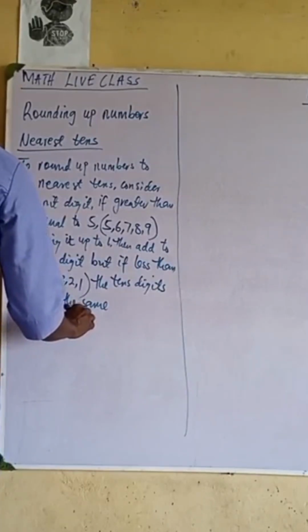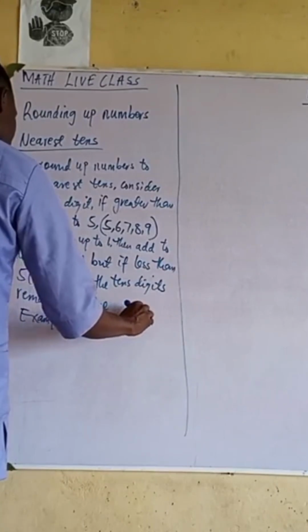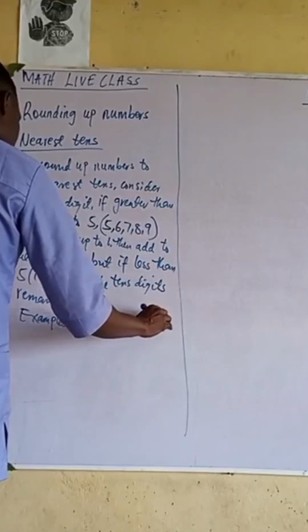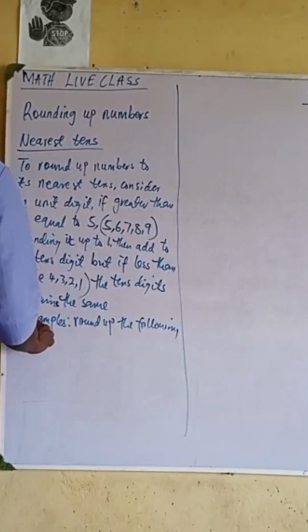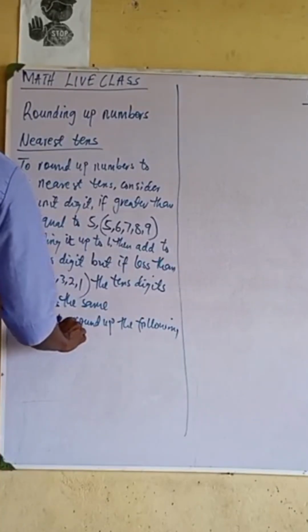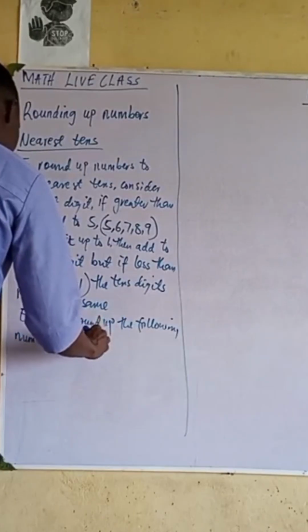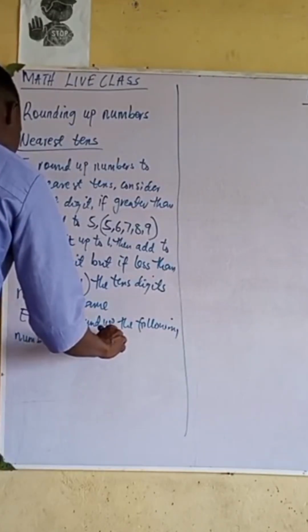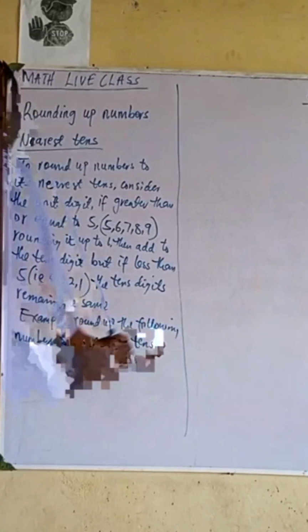So for example, we have here examples. Round up the following numbers to its nearest tens.